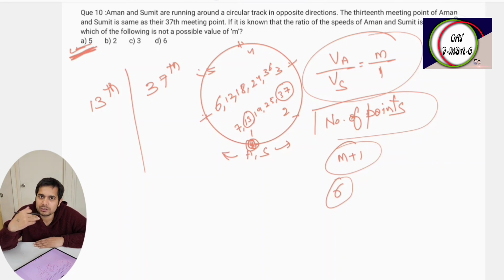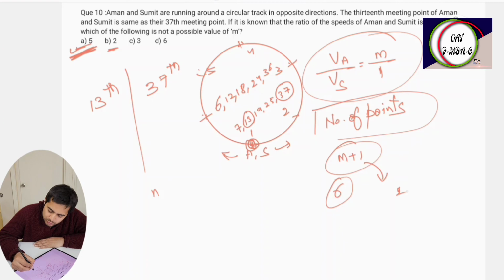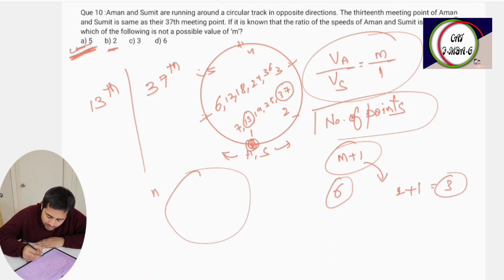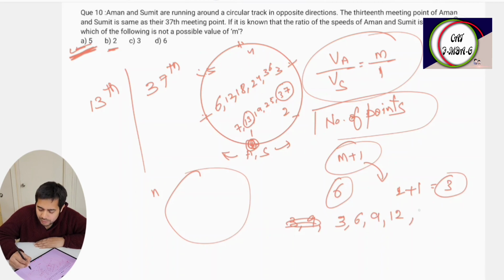We have to find something which is not a possible value of m. Let us say m is 2 now. So the number of points is m plus 1, so 2 plus 1 is equal to 3. So only 3 points are there. So the third point will be the same as the 6th point, 9th point, 12th point, 15th point, similarly the 36th point.